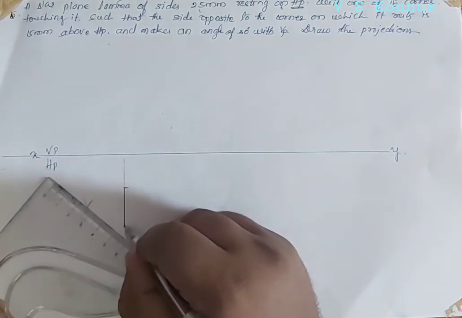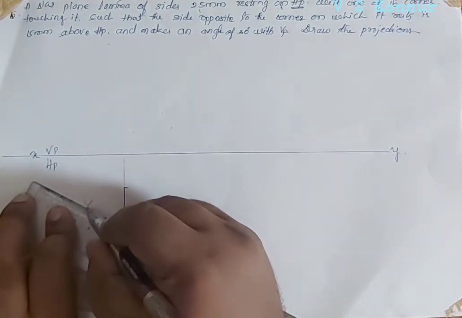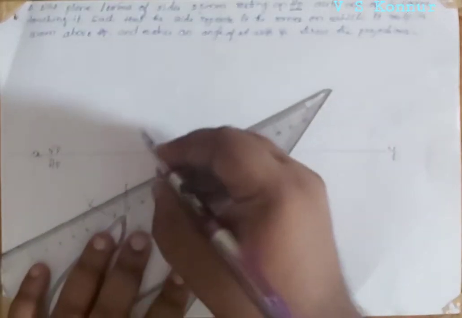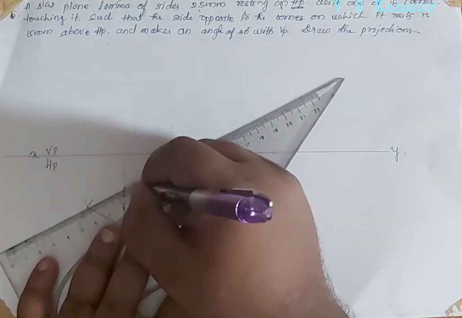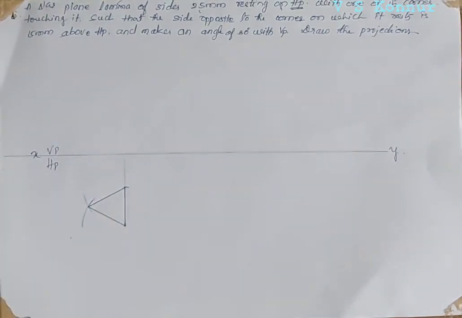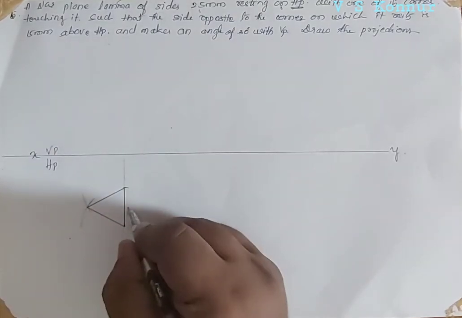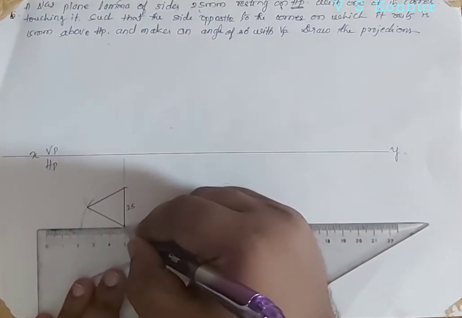Now join this point with that corner point, then join this side. It is resting on one of its corners, and the distance is 25 mm. So we should give the dimension for that.